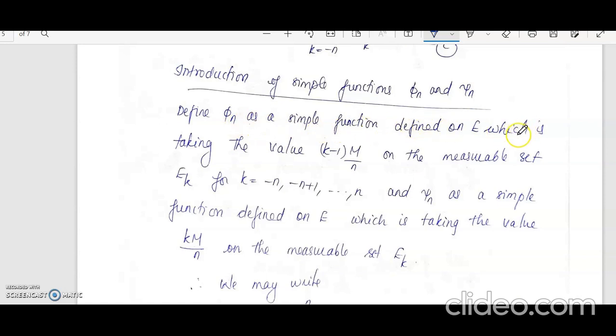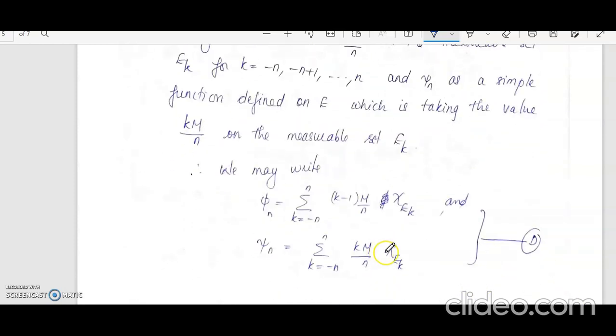Phi n is a simple function defined on E such that it takes the value k minus 1 n by n on the measurable set Ek for k equal to minus n plus 1 etc. n, and xi n is a simple function taking the value km by n on the measurable set Ek. Each Ek is disjoint, so on Ek phi n will be taking this finite value.